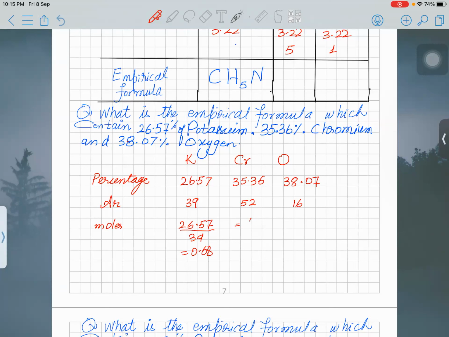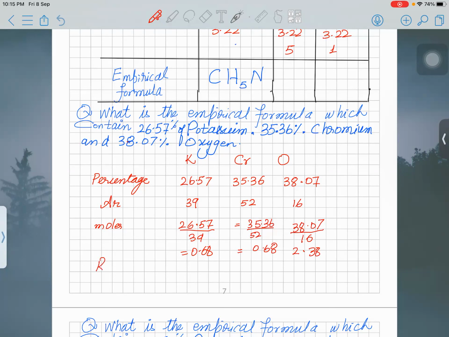Similarly, 35.36 divided by 52 is 0.68. Then 38.07 divided by 16 is 2.38.